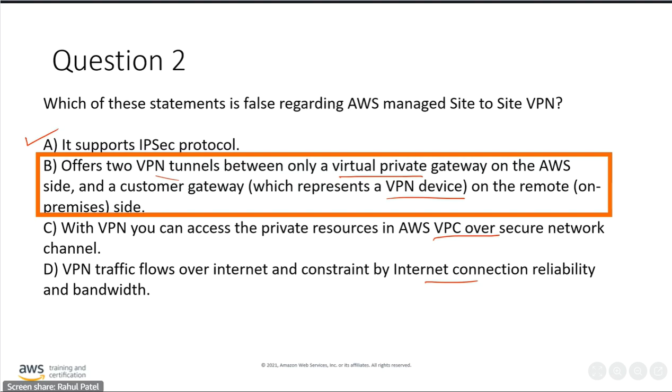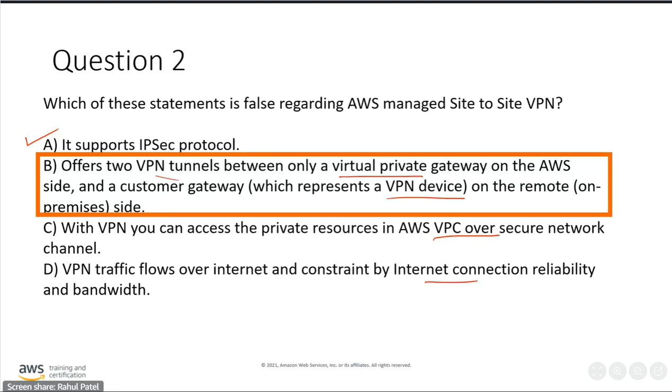Actually, you have to install both the virtual private gateway in the cloud service provider which we have to connect, and the customer gateway in the on-premise site. So how is it false? To establish a connection, we need these two gateways.